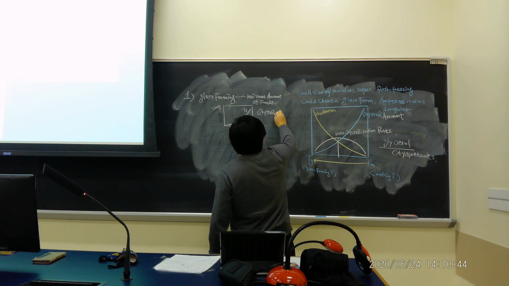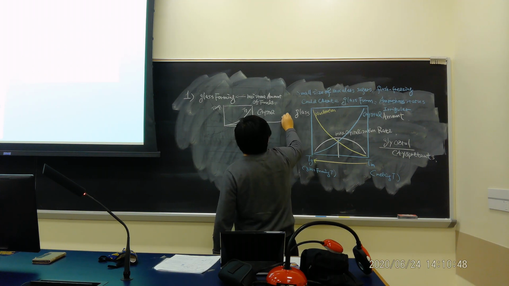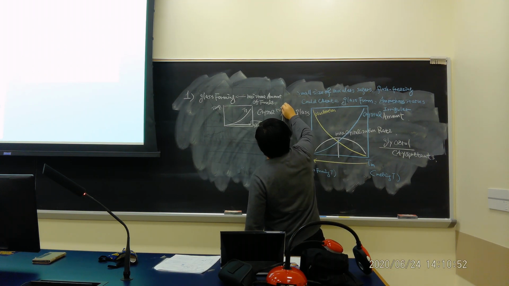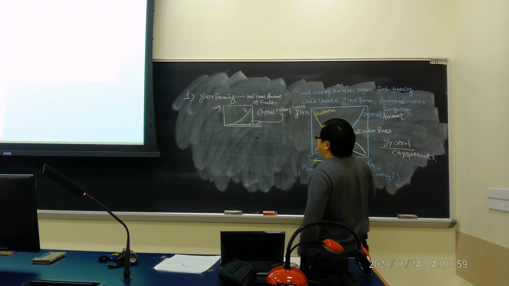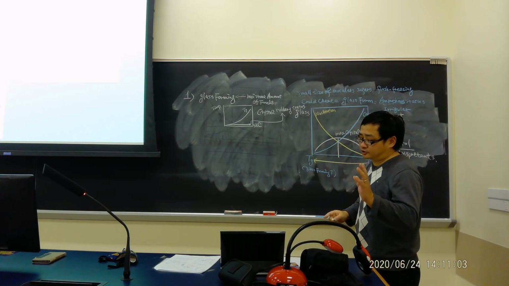crystal, this is glass. At this moment, there is an intermediate status, which is called rubbery status. At this moment, the mobility, the movement of the moisture inside the structure of the food products is at a maximum.